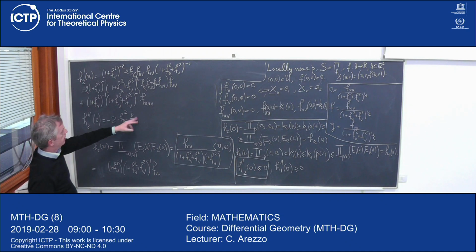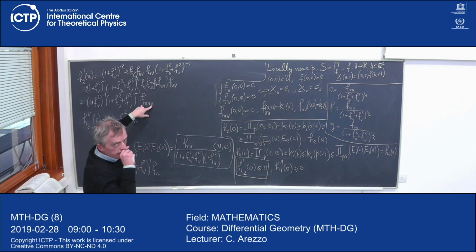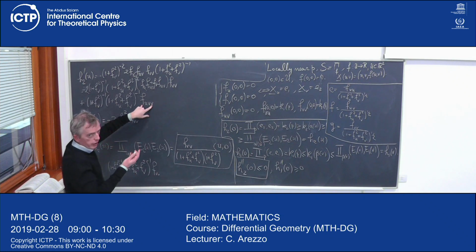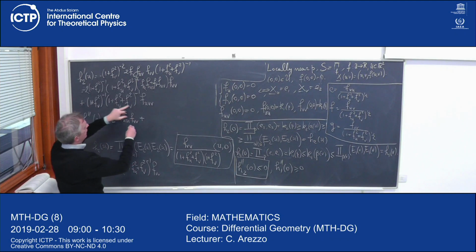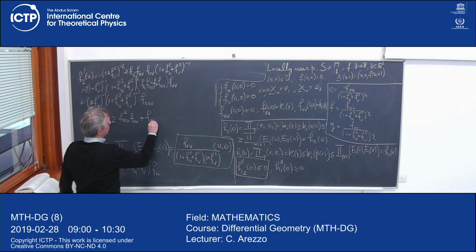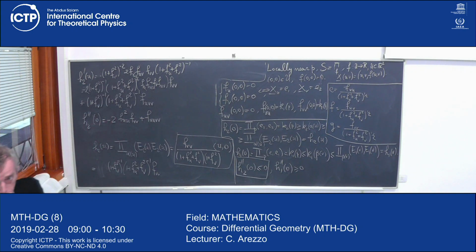Of course, this is evaluated at 0. When I go here, this I know now, I don't have to touch it. This I know I don't have to touch it. I can touch this one, and I have no idea what the third and fourth derivatives are, so this has to be there. So this is plus 1, 1, fuuv. Very good.